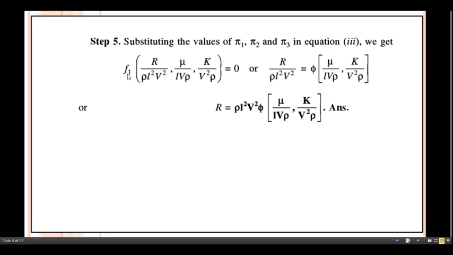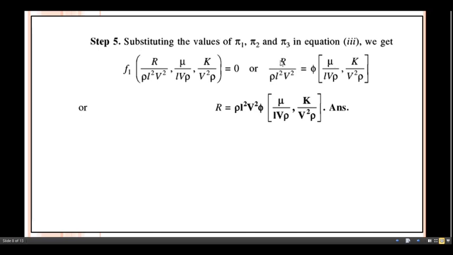So this f1 is nothing but the function of R divided by rho into l square v square, then mu divided by l into v into rho, then k divided by v square into rho equals 0. Or one can write this relation in this way: R divided by rho into l square into v square equals phi of this term.